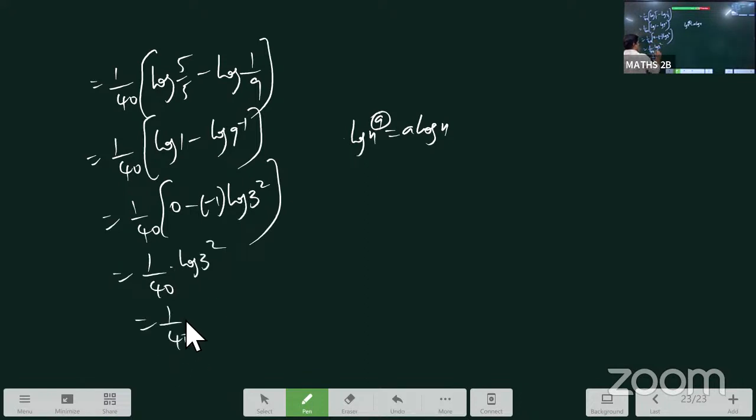So 1 by 40, again according to logarithmic property, 2 log 3, 2 ones are 2, 20 times. 1 by 20 log 3. Very, very important sum. Is it clear?